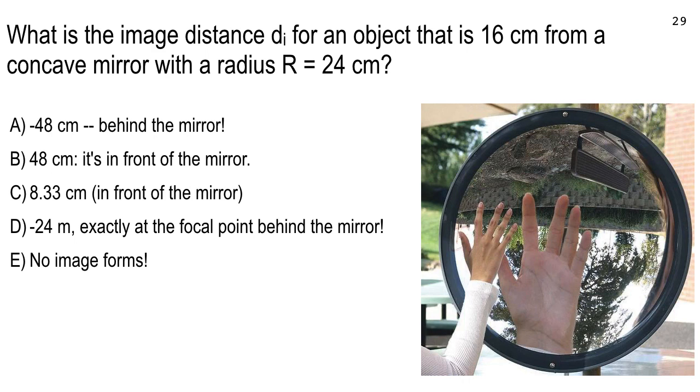So do the concave mirror calculation. Oh, hey, guess what? Is that a concave or a convex? It's like a makeup mirror. Makes your face bigger, so it's a convex.